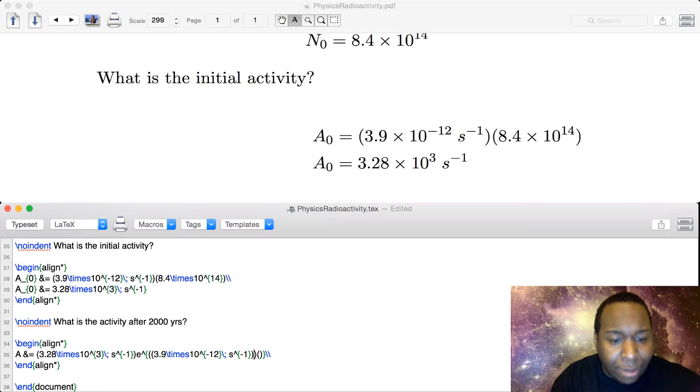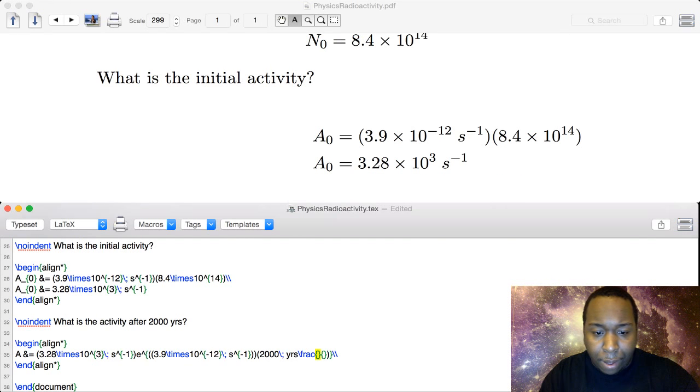And we need to multiply this times the elapsed time of 2,000 years, but we need to convert 2,000 years to units of seconds. I'm going to use a quick little conversion factor I remembered: for every pi times 10 to the 7 seconds, you get 1 year.